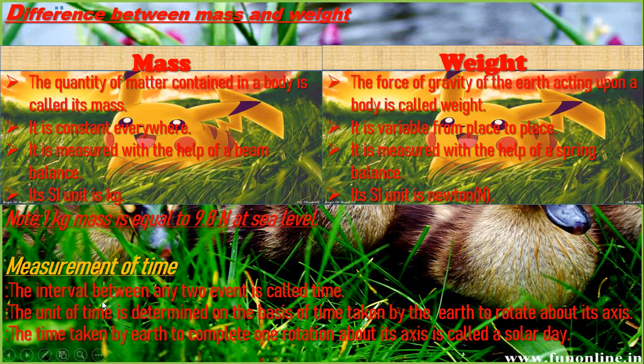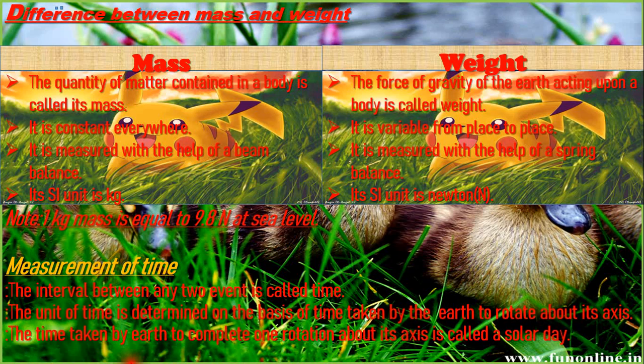The unit of time is determined on the basis of the time taken by the Earth to rotate about its axis. We know that the Earth moves in two ways, by rotating and by revolving. The Earth rotates on its axis, which causes day and night.